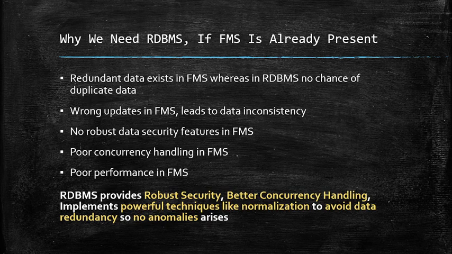But if you use RDBMS, RDBMS provides robust security, better concurrency handling, and also RDBMS utilizes powerful techniques like normalization, and also it uses specialized data structures called indexes in order to retrieve data within seconds. And also RDBMS ensures that there would be no anomalies if you follow the rules provided by the RDBMS before inserting the data in a database.